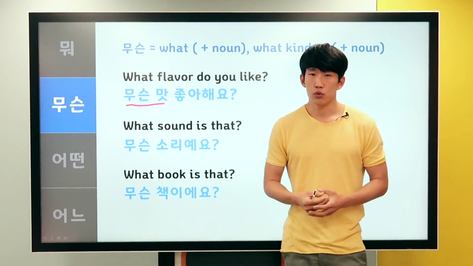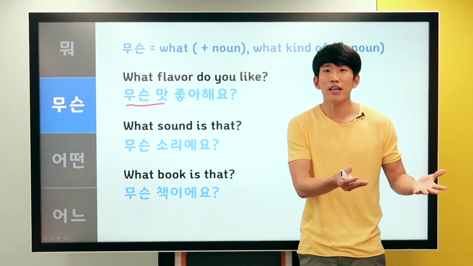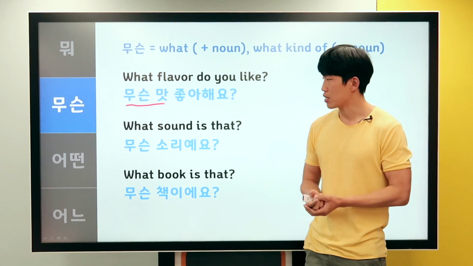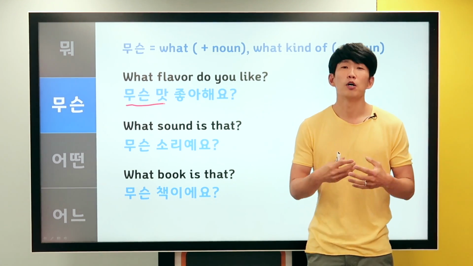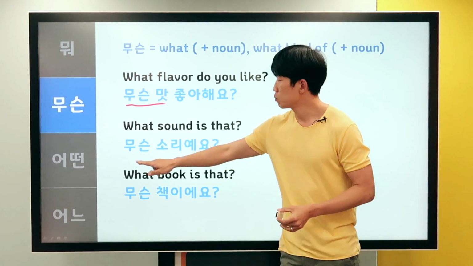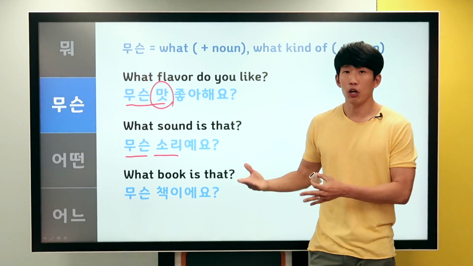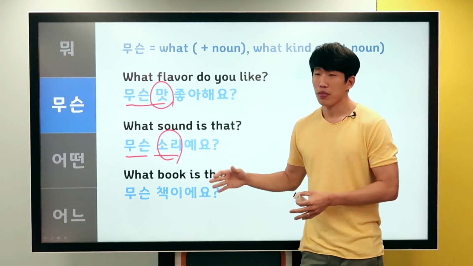Or also when you don't understand what this person is saying, you're like, what are you talking about? What are you saying? In that case as well, you can say 무슨 소리예요? So 무슨 plus sound, 소리, 무슨 소리. So it's a noun that follows 무슨.